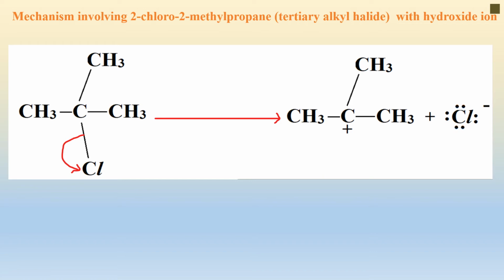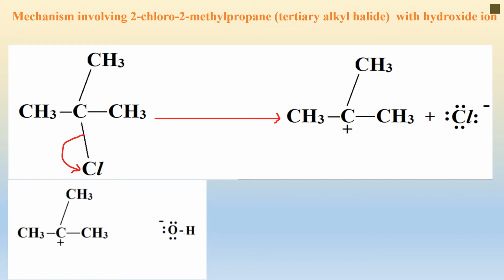What makes this carbocation stable? It is the positive inductive effect from the alkyl groups which are bonded to this positively charged carbon. Through hyperconjugation, the negative electrons neutralize this positive charge on carbon and make the ion in general somewhat stable.